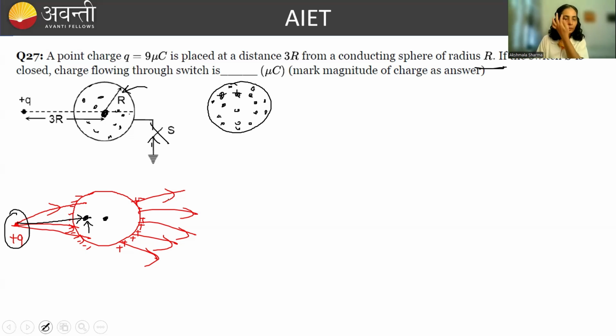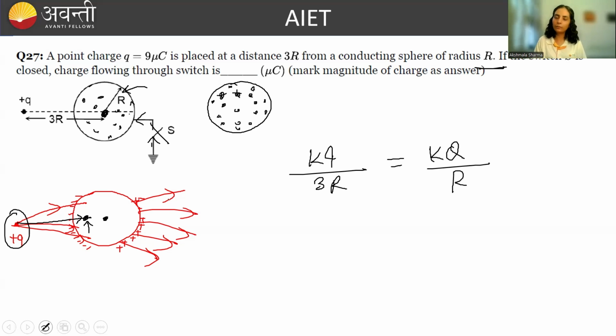So let's say potential at the center because of plus Q charge will be kQ by 3r. And because of the charge traveling, suppose q charge is traveling, kq by r. These two should be equal.